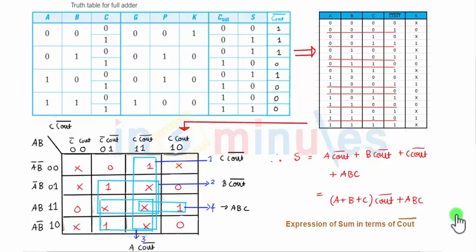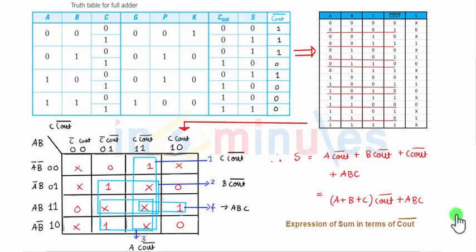The agenda of this clip is to understand how we deduce an expression of sum in terms of Cout bar. This is going to be very important because we are going to realize the transistor level diagram where my sum is in terms of Cout bar.